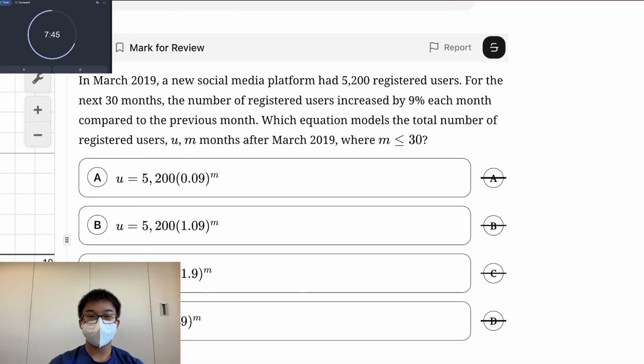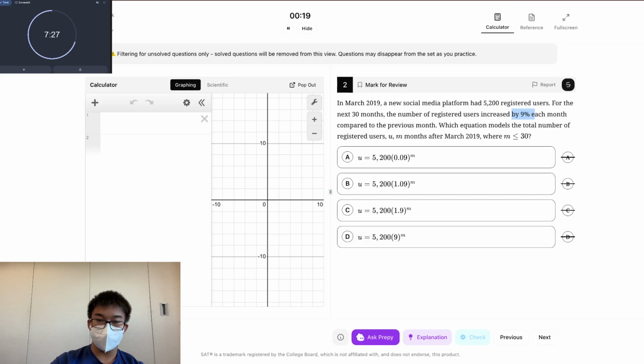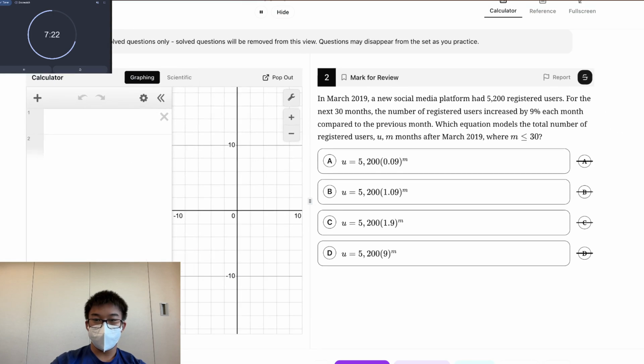Let's go next. So in 2019, it's 25 for the next 30 months, 9%. Less than 30. This is probably like a 6, I think. Or, oh, it's a 4. Okay, interesting. Maybe I'm just bad at this.